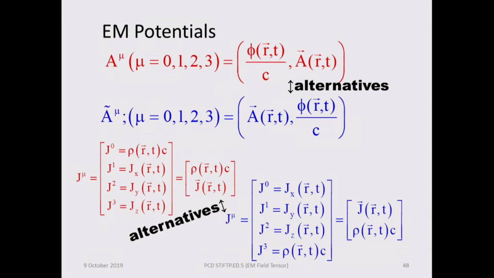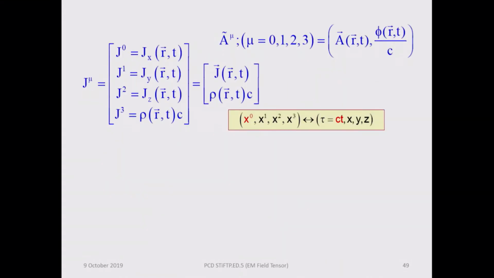So, you have got the red form which is associated with A mu, and you have got the blue form associated with A tilde. These are the 2 alternative schemes, and using these you have an alternative electromagnetic field tensor, which I call G. All right. So, you have got the tilde, which is what I am highlighting here.